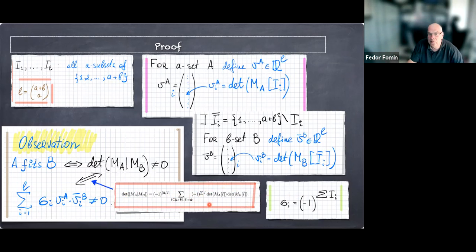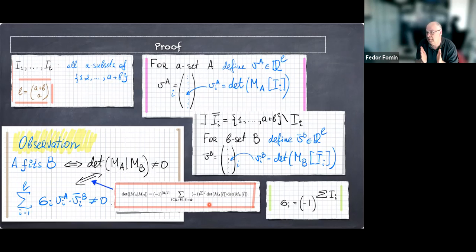Okay. So look. The main idea of the construction is that I'm speaking about one set fitting another, right? Then what I realized is that if one set fits another, it's sufficient just to compute the determinant of some matrix.